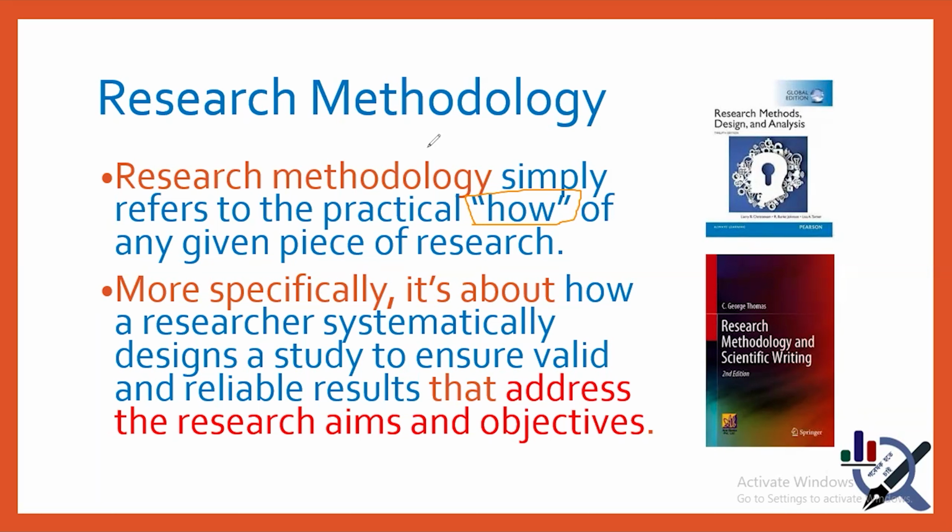My target is to detect the facial emotion, whether he is in an angry mood or a depressed mood or something like that. There are many ways to detect it. So how are you going to detect the facial emotion? The practical way, that means which algorithm, which technique, which model, or whatever research you are going to do, how you will do it. That is the practical way to solve anything. So we call it the research methodology of a given piece of research.